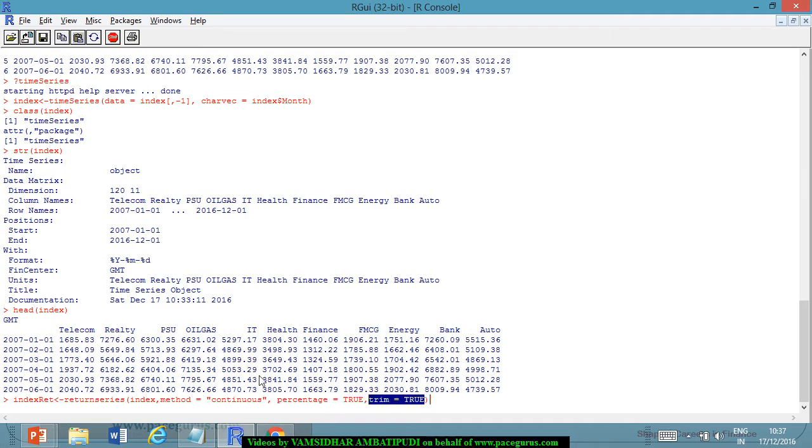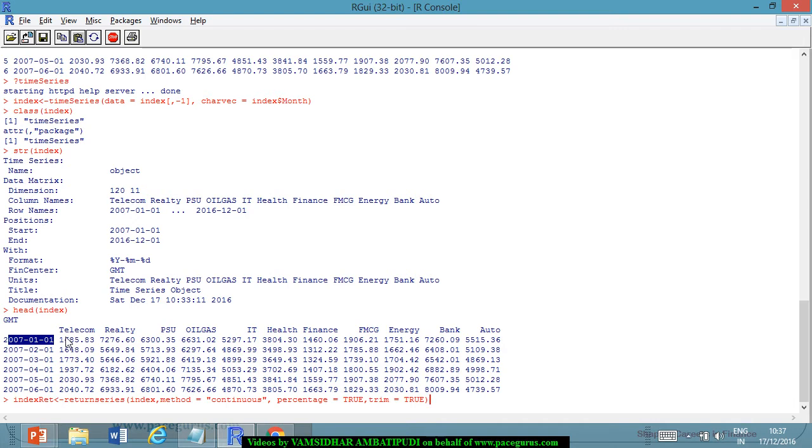Trim equal to true is a very important thing in this context because I said log P2 by P1, right? That would be the return as on 2007 February. But how do I compute the return for 2007 January? If I take this as P2, I don't have a P1, which is the previous period price.